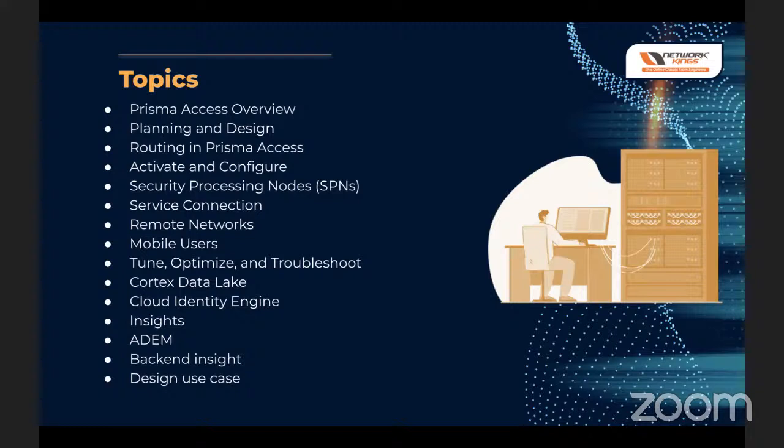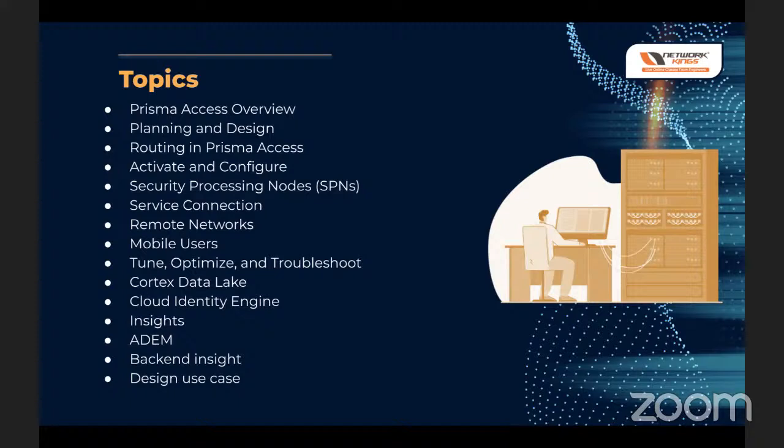Inside the Prisma Access infrastructure, the cloud, I'll talk about that in a bit in detail, we have iBGP. We use iBGP to exchange routes within the Prisma Access infrastructure. I'll not go deep into Prisma Access routing as of now, but once we start the training, I'll discuss it in more detail.